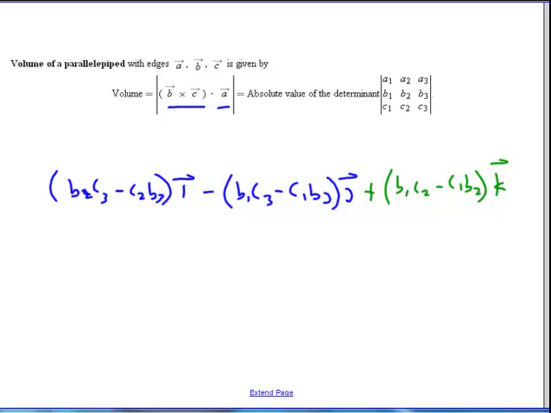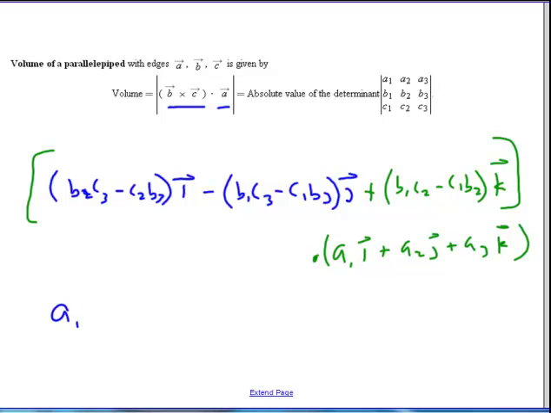But when we dot this with A, which is A1 I plus A2 J plus A3 K, what we're going to get is A1 times B2 C3 minus C2 B3.